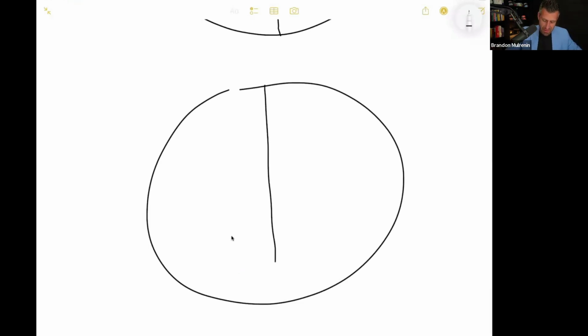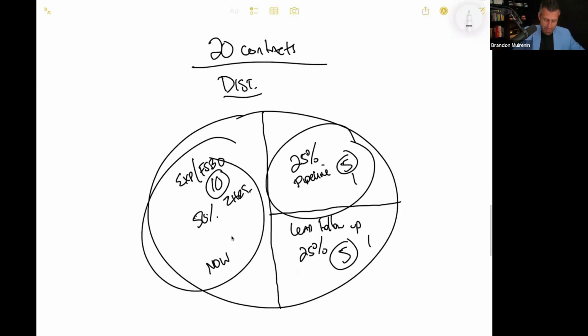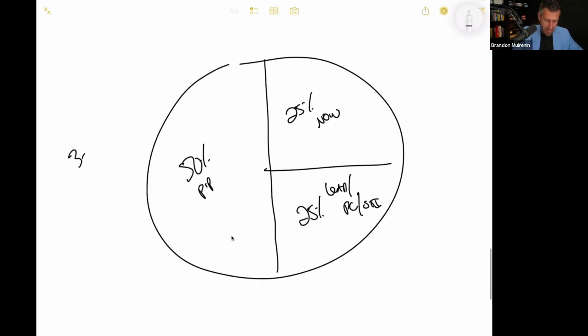You split it up and say, okay, I want 50% pipeline, 25% FSBOs and expireds, and 25% lead follow-up, past clients, centers of influence. I would say this is probably your first 1 to 3 years in the business, then this is probably 3 to 5 years.